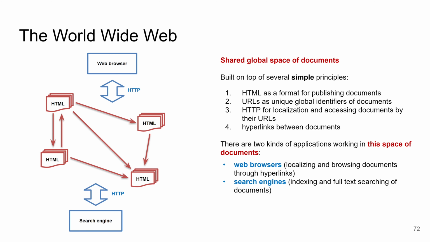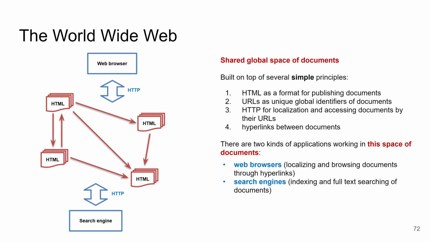HTML as a format for publishing documents, URLs as unique global identifiers of documents, HTTP as the protocol that helps us with localization and accessing the documents based on their URLs, and finally hyperlinks between documents. When we find one document, it links to several others that provide us the contextual additional information.